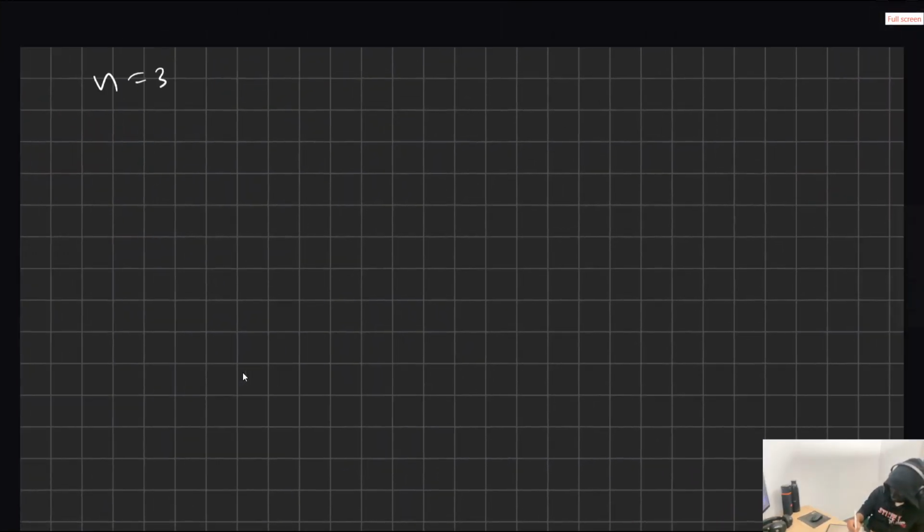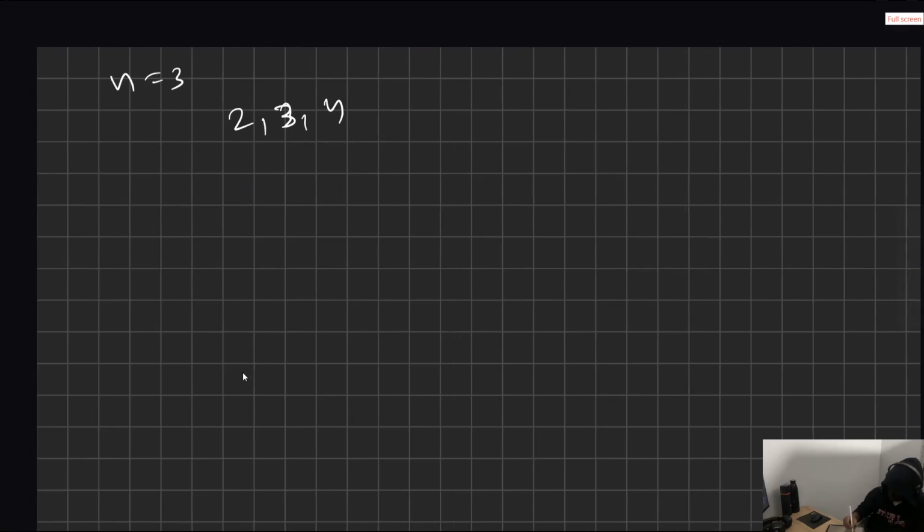Now if you consider n as 3, you'll have cards 2, 3 and 4. Three cards you have. Now if you try to take card 2 as winning, we'll have to pair it with 3 and 4.